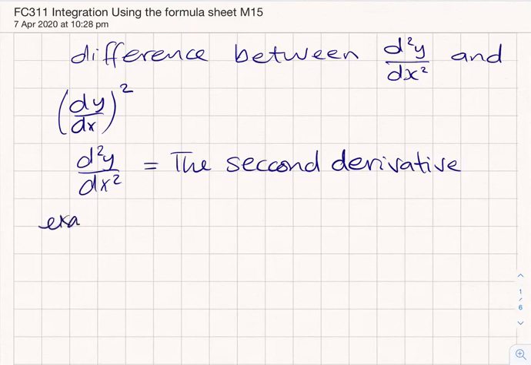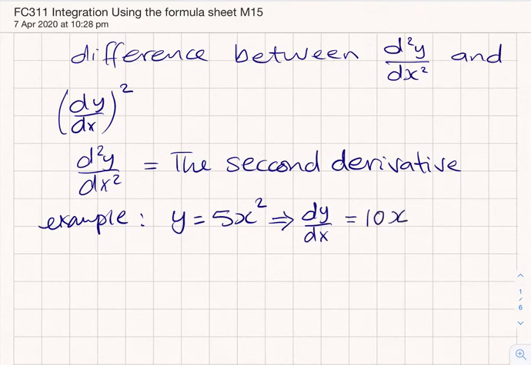Example, if I have y equals 5x squared, then dy over dx, the first derivative, will be 10x.